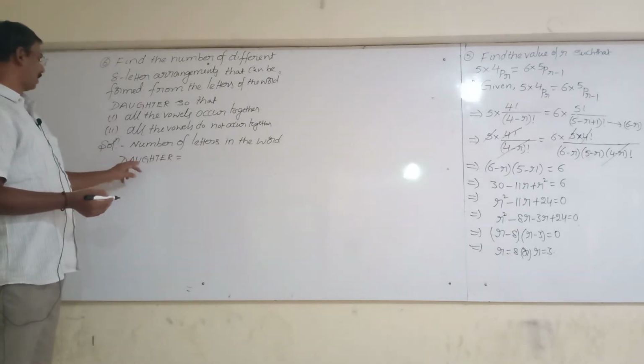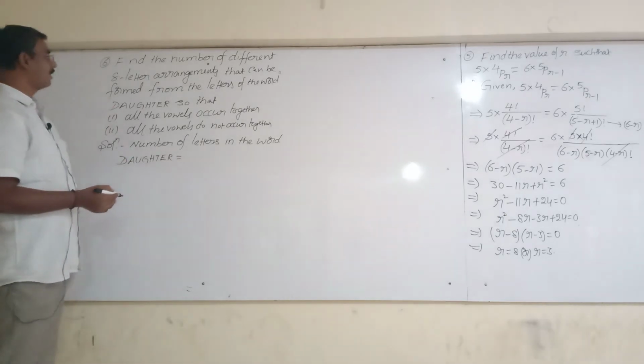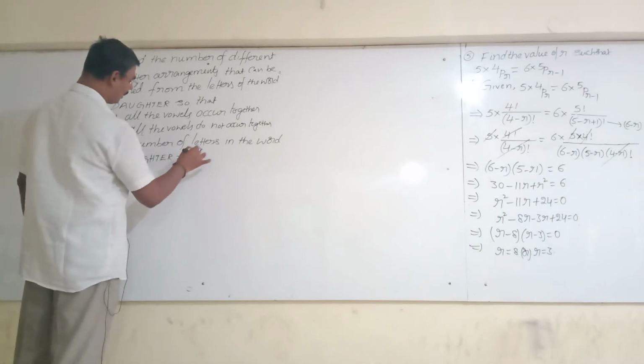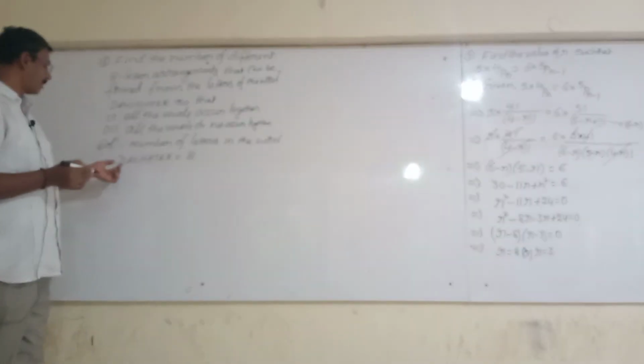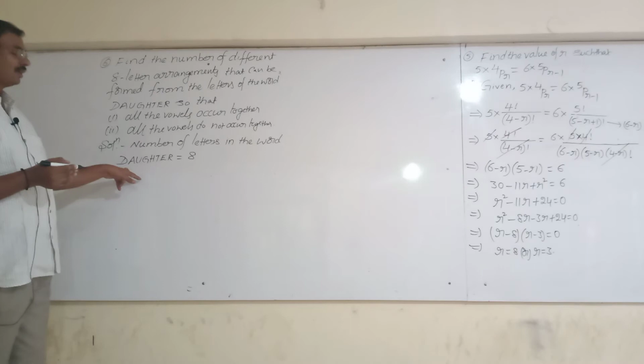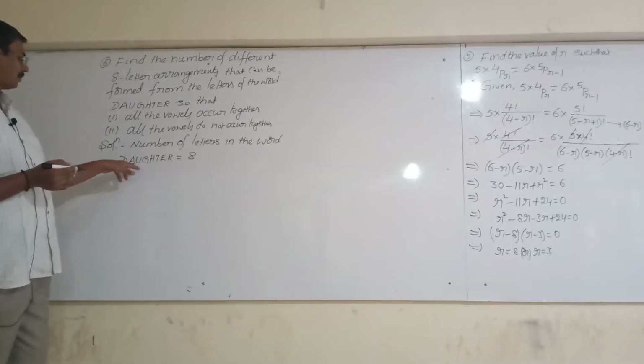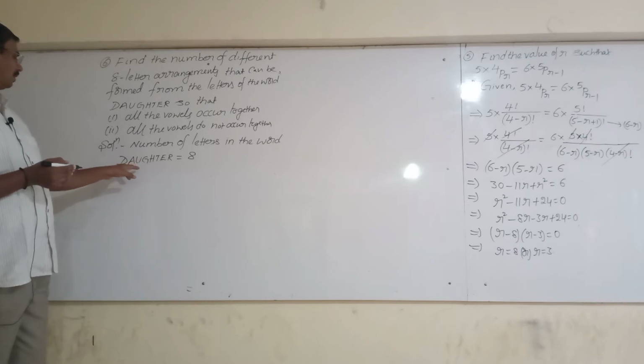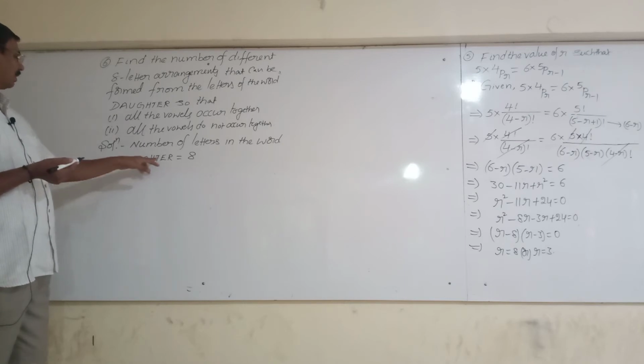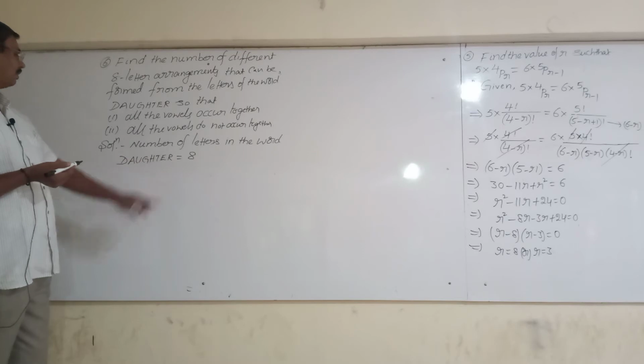So 1, 2, 3, 4, 5, 6, 7, 8 are there. This is equal to 8. Check. Do we have any repeated letter? Check. English repeated alphabet letter D. Not repeated. AUGHTER. All will be different here. A is not there, U not there, G not there, HTER.